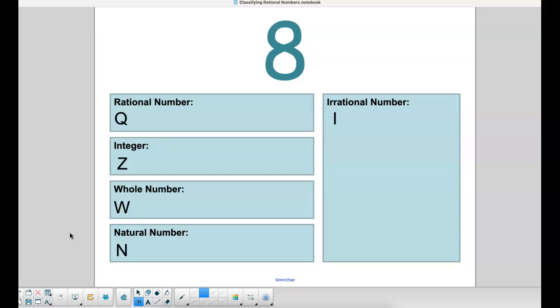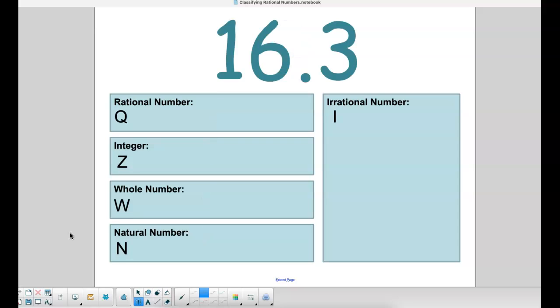So if it goes at the bottom, if it's a natural number, well then it's all of those. So 8 should go in all of those categories all the way up, but it's not irrational, because if it's rational, it cannot be irrational. Okay, so I'm going to let you do the next one, then we'll come back and we'll check them off.